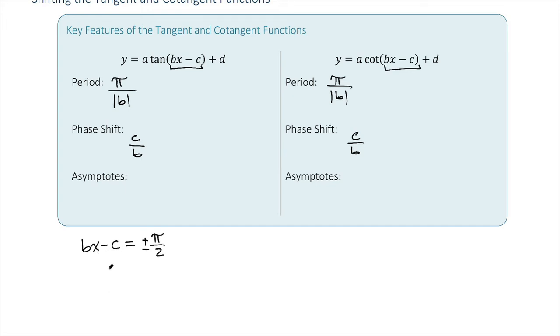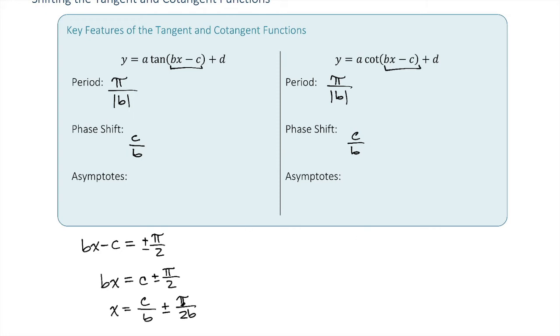So if we add c, we get bx equals c plus or minus pi over 2. And then we can divide by b, and we get x equals c over b plus or minus pi over 2b.